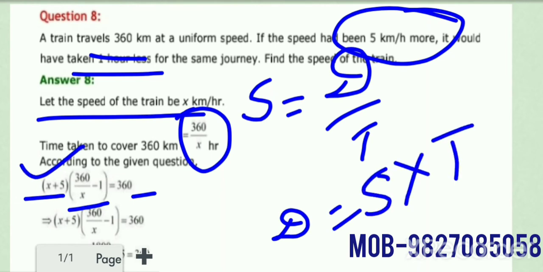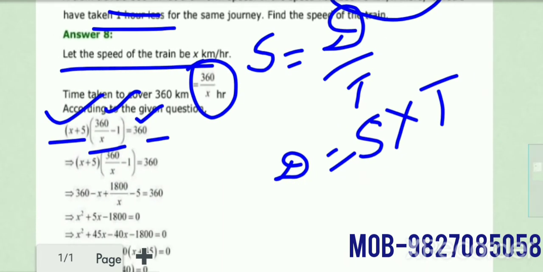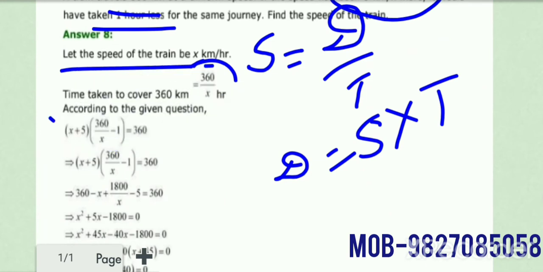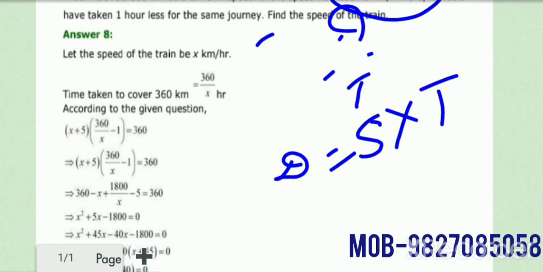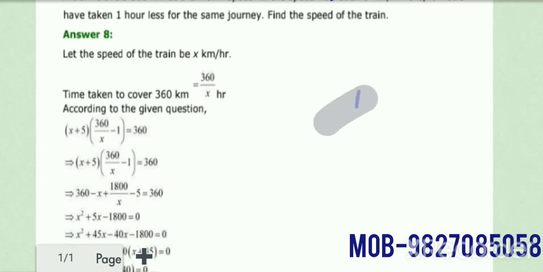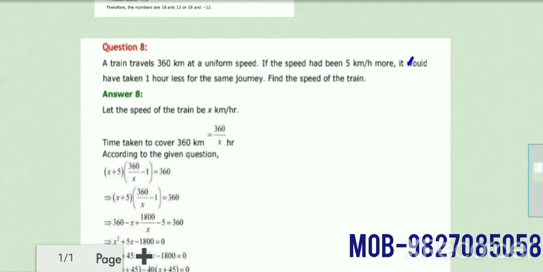Okay. And when we solve for x, we got x is equal to 40 and minus 45.